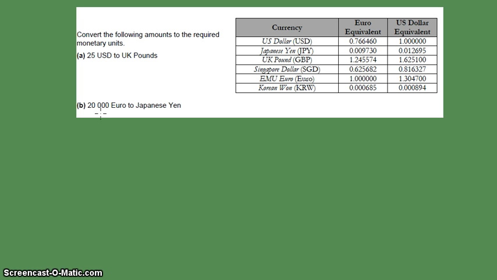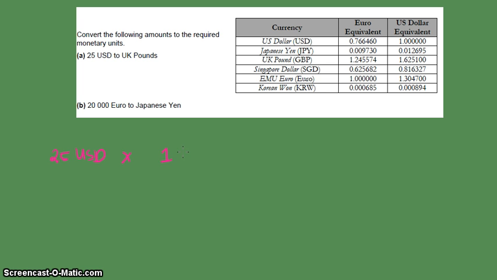If we take again letter A, we want to convert 25 US dollars into UK pounds. All you have to do is multiply this by a conversion factor. How do we do this? If you are converting US dollars into pounds, you need to find the conversion factor.